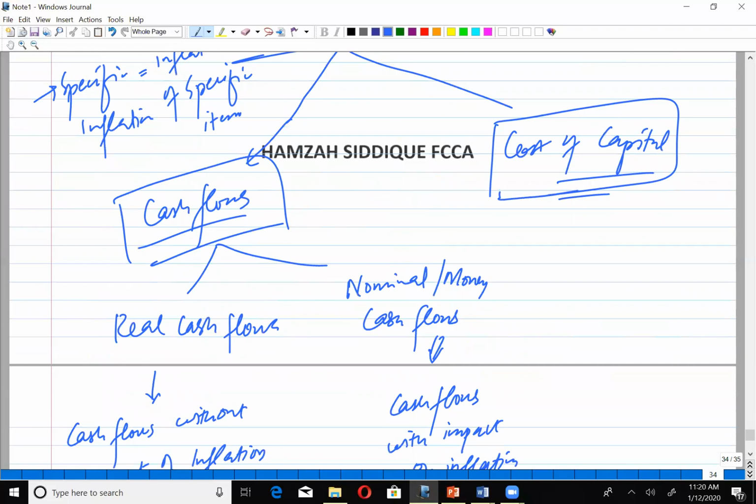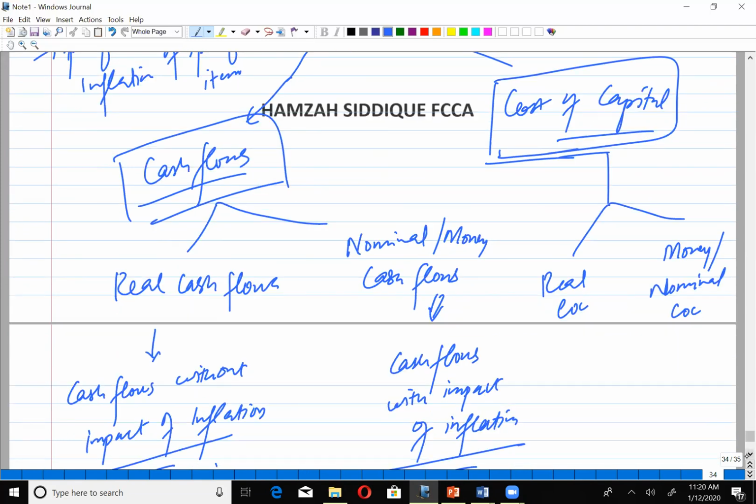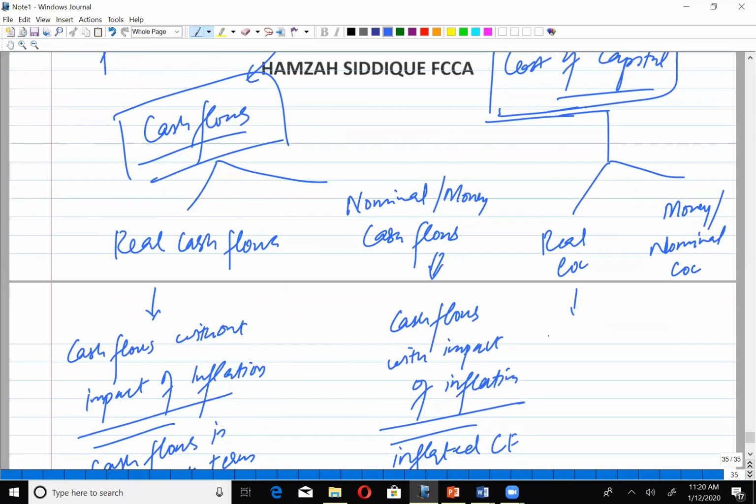And students, cost of capital. Again, it is of two types. The real cost of capital and money or nominal cost of capital. Real is without inflation. Money is with inflation.